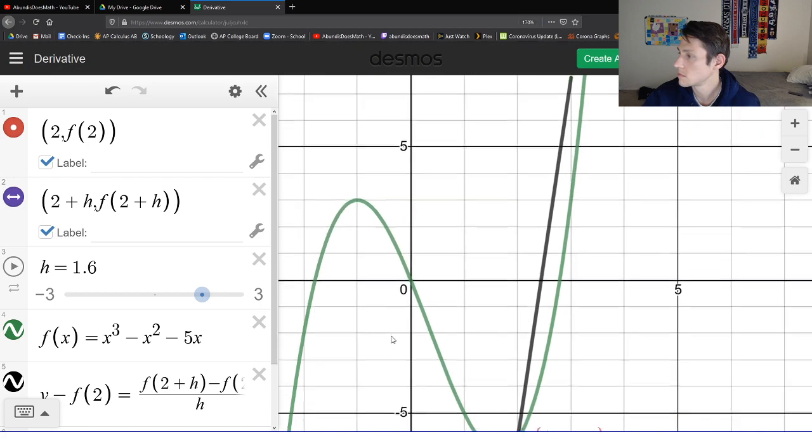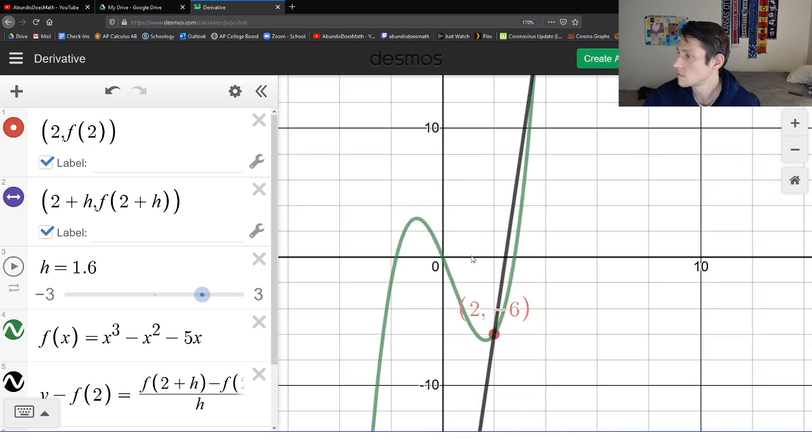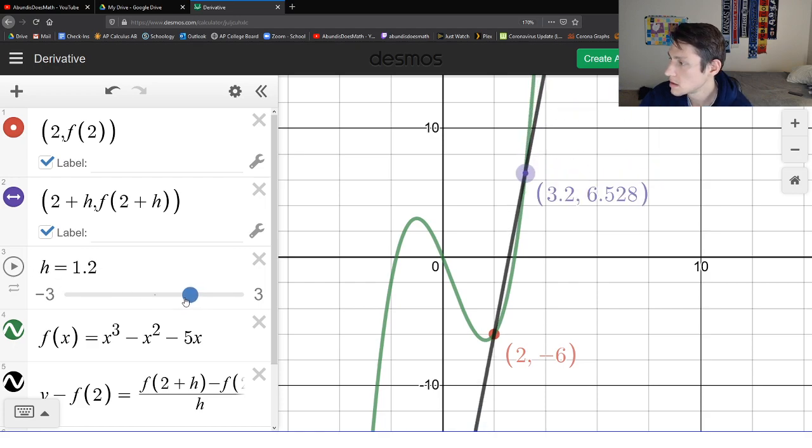So forget about what the equations are, but the point is I have some curve, this green curve. And these two points, what the difference quotient does is tell me the slope of this black line here.